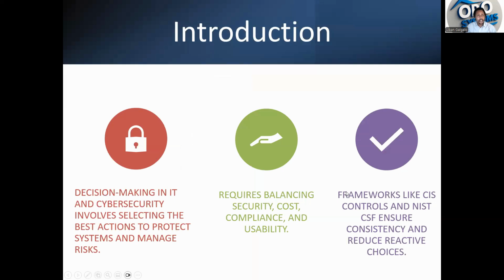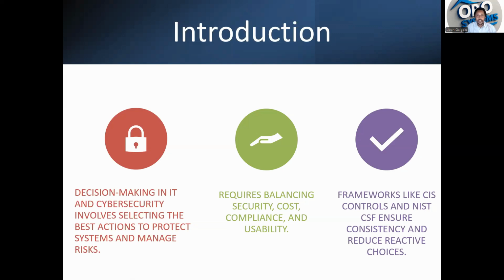So first, the introduction: decision making in IT and cybersecurity involves selecting the best action to protect systems and management. That's the first step. It is also a balance of requirements, security, cost, compliance, and usability. That means there's no single decision that's just made and then it's good to go.